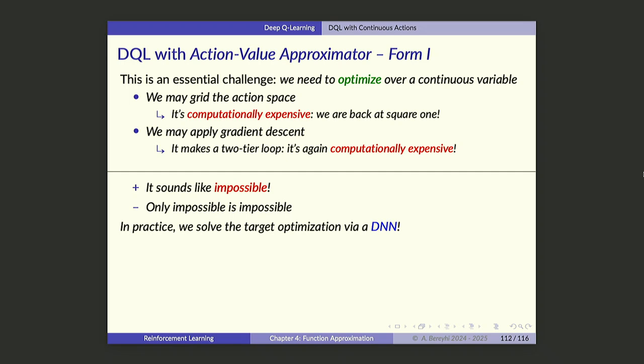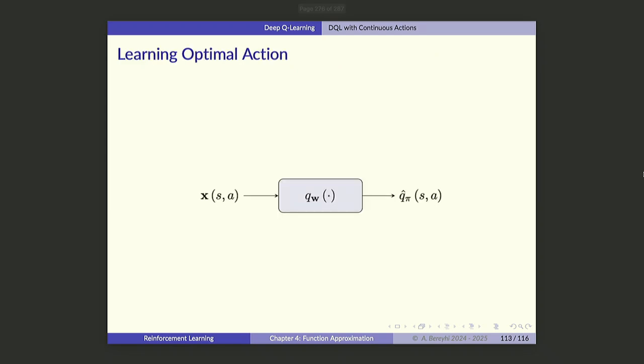So just to give you a quick idea of what it looks like, and it's going to explain what we're going to have in the next chapters. The main idea here is that I have this network, and what does this network do for me? If I give it one representation of my state and action, then that network is going to give me the action value for that state and action, right?